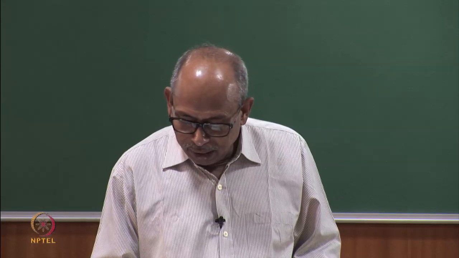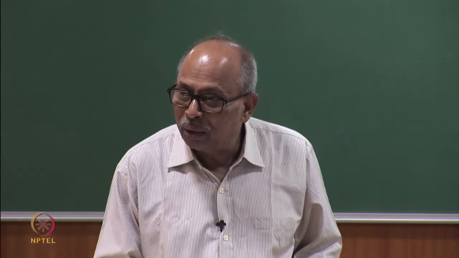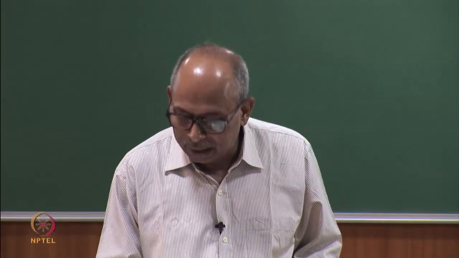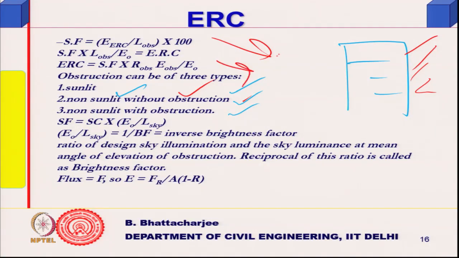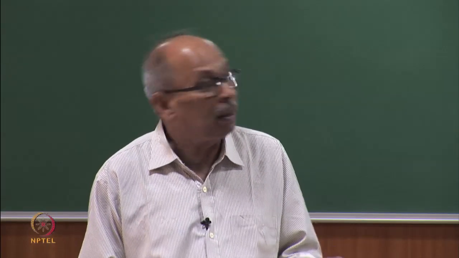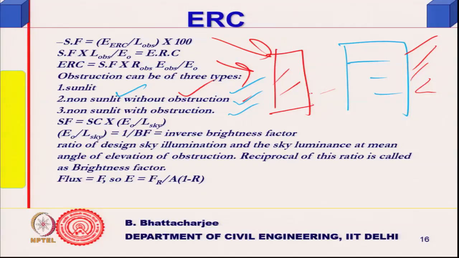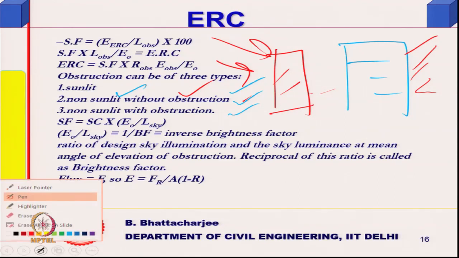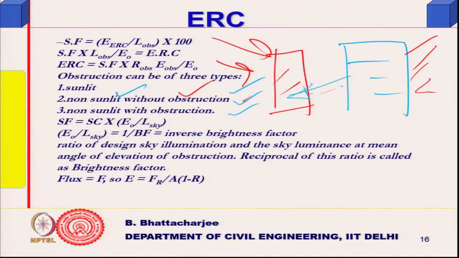Now, supposing this building itself has got an obstruction, the sun is coming from this side and your building is somewhere there and this is obstructed. So, it is in shadow, it is not receiving direct sunlight, but it is obstructed, and this will also contribute to the sky component, like the externally reflected component, to this building itself.